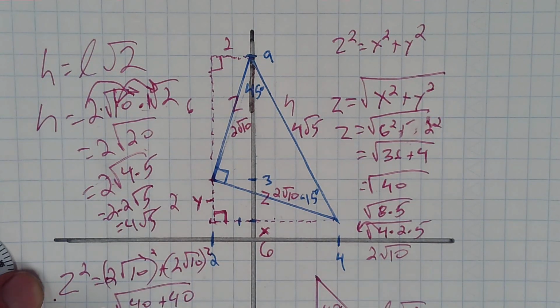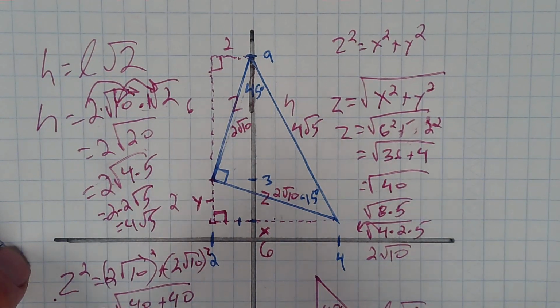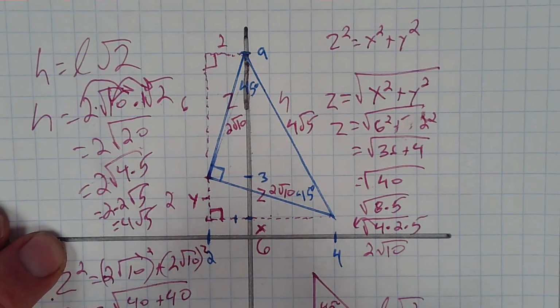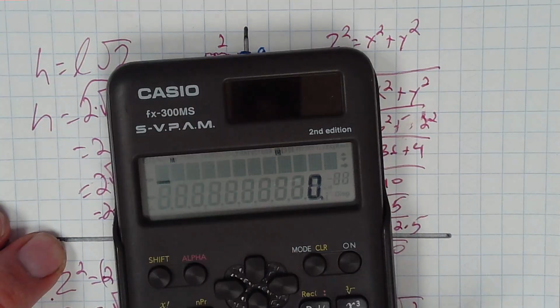If I do the square root of 80, let's see, 20 times 5 is 80, I believe.